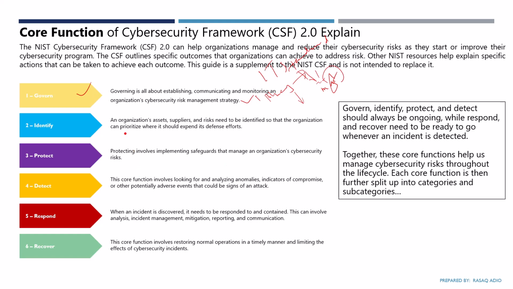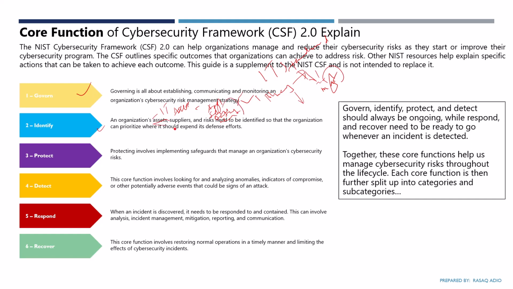So under identify, it talks about an organization's assets. Here we are talking about IT assets, right? IT assets like your applications, your servers, your database, your network equipment, and so on. So all these things actually contribute to your environment.